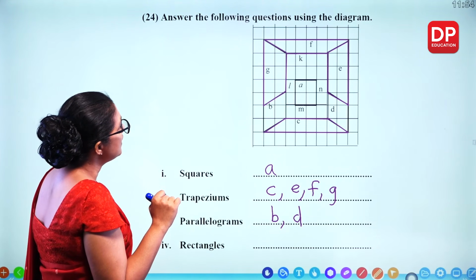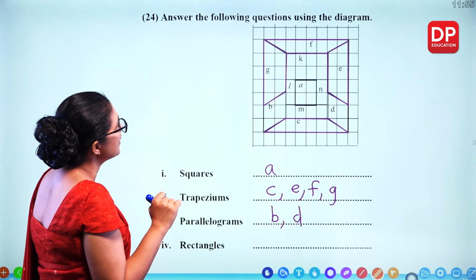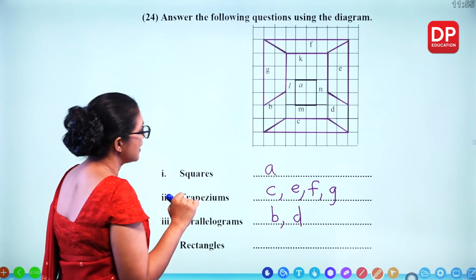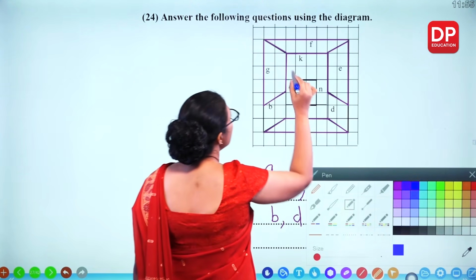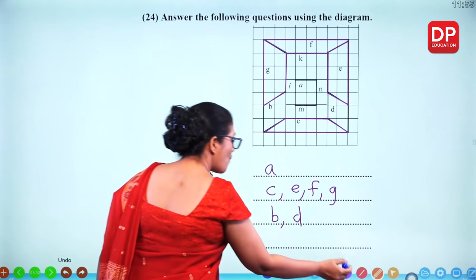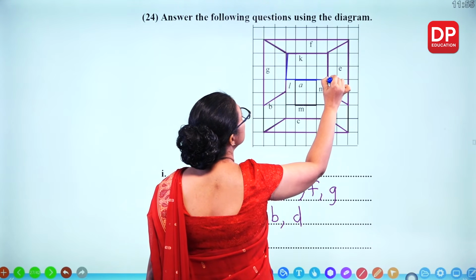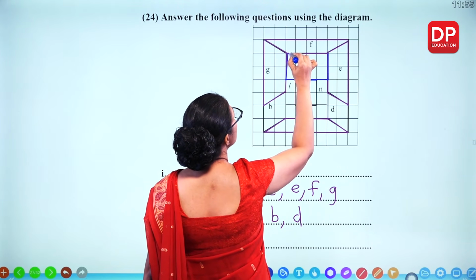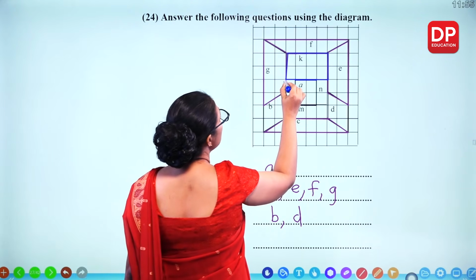Then what are the other letters we see? K. So what's K? K is a rectangle, see? K is a rectangle. See this one? K. And L, can you see?